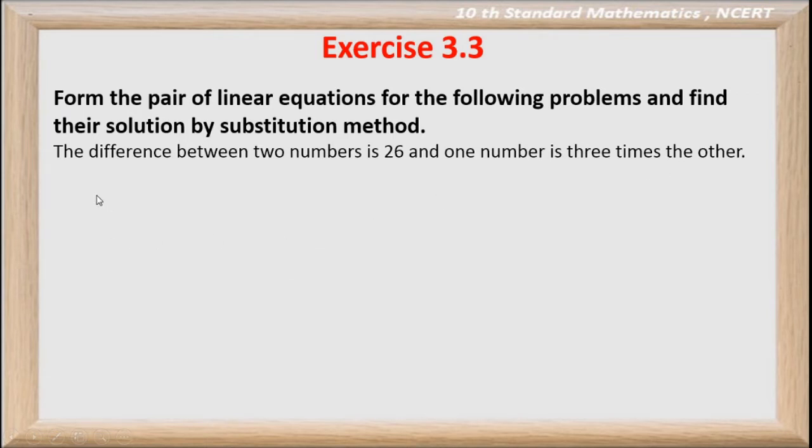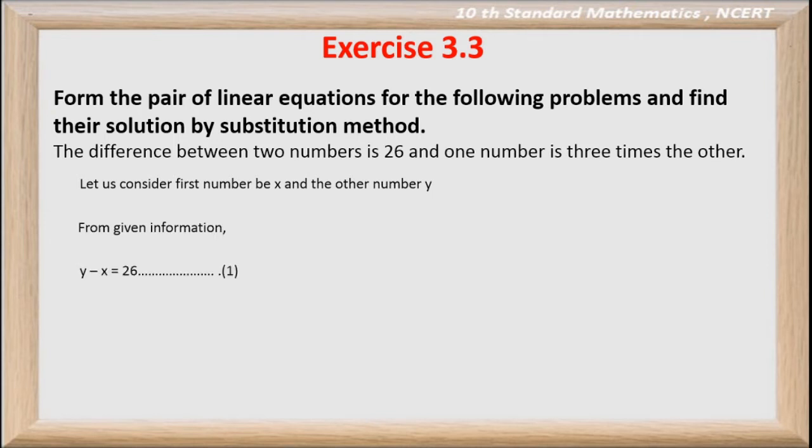Let us consider the first number to be x and the other number y. Here it is given that two numbers are there, so the first number is x and the other number is y. Then y minus x equal to 26. How did we get this?